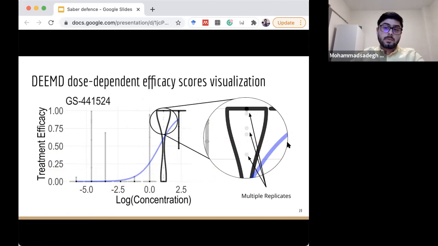The violin is opaque if the model has identified the treatment to be effective at that concentration. If a violin is concentrated at a high value, the treatment is more effective at that dose. Here you can see that the treatment was not very effective at low concentrations, but as the concentration increases, the effectiveness also increases. This is similar to what you expect to see in an effective dose curve with experimental assays.